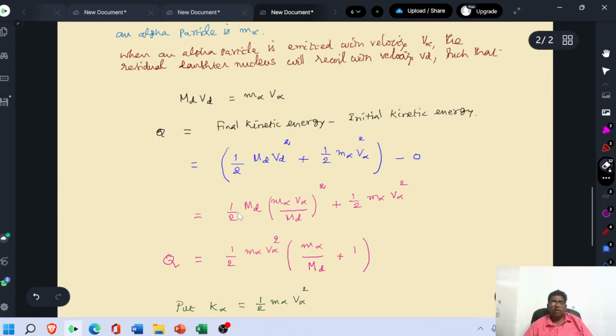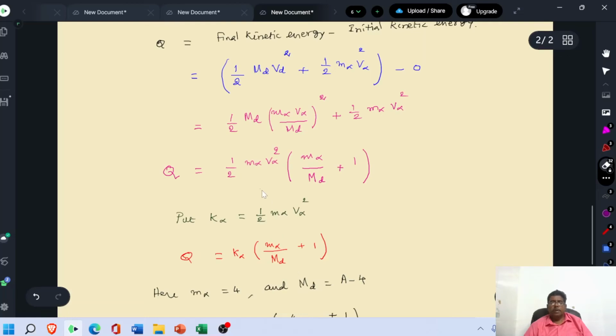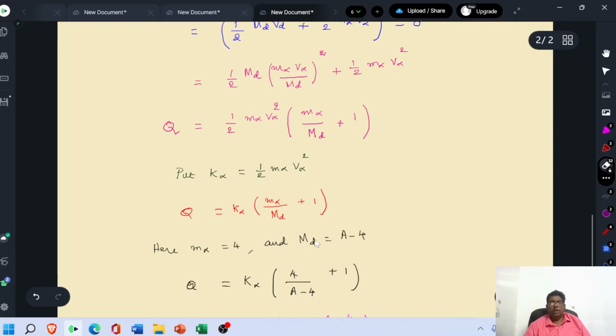This MD by MD square is MD. Therefore, half M alpha V alpha square into M alpha divided by MD plus 1. Here half M alpha V alpha square is K alpha, the kinetic energy of the alpha particle. Therefore, Q equal to K alpha into M alpha by MD plus 1.